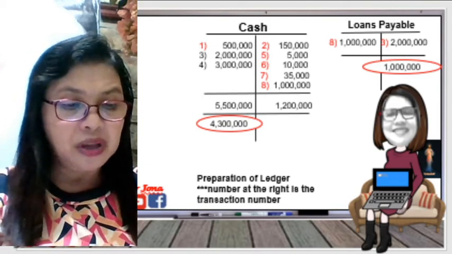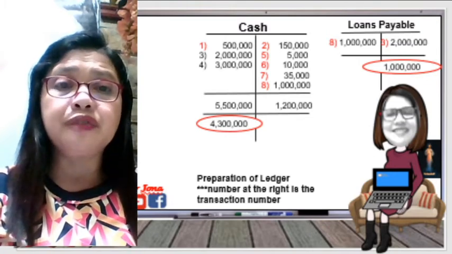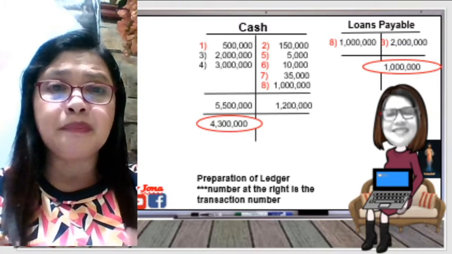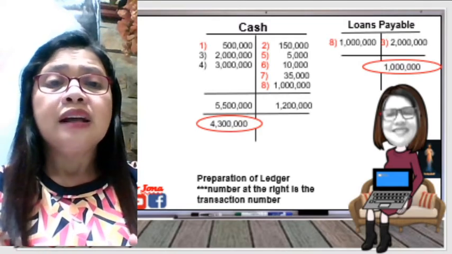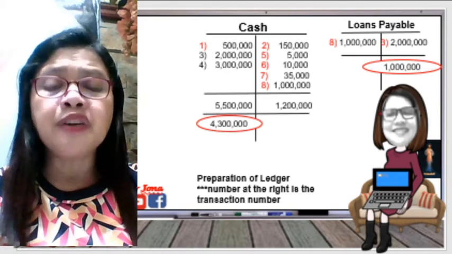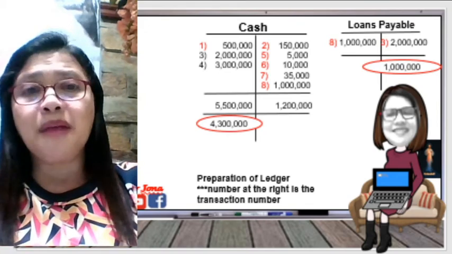Transaction number two: bought equipment for cash in the amount of 150,000. So this was the transaction when we bought the equipment. The numbers on the left are all the transaction numbers, and opposite them are the amounts involved.